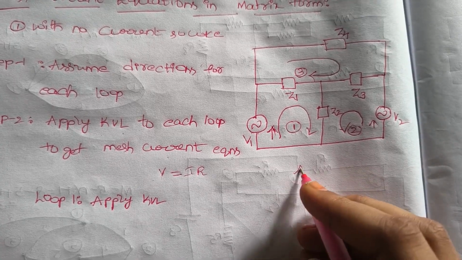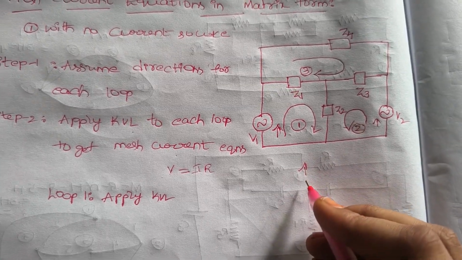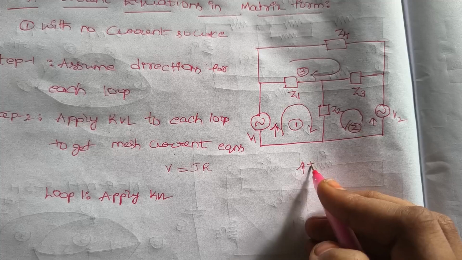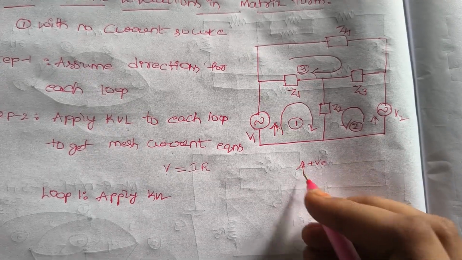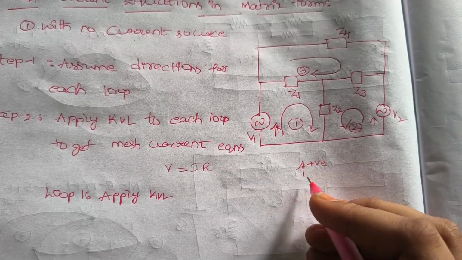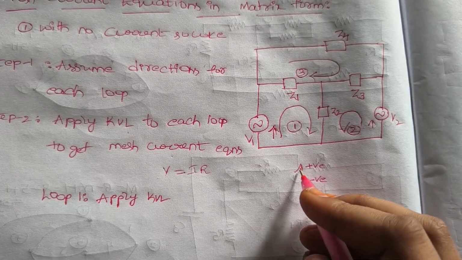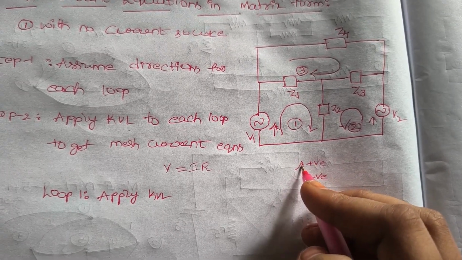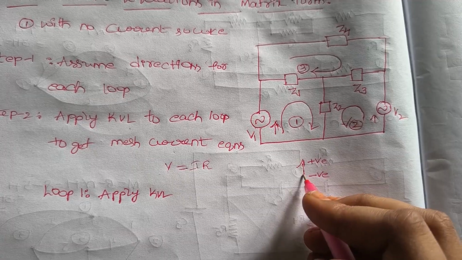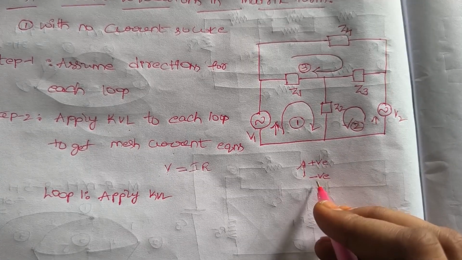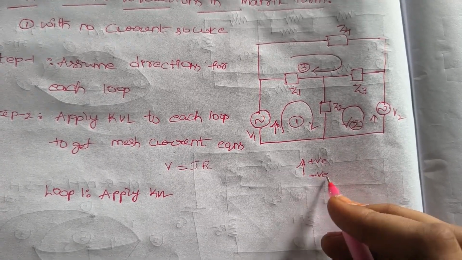Here the voltage direction is upwards, so the arrow end becomes positive and the end without the arrow becomes negative.